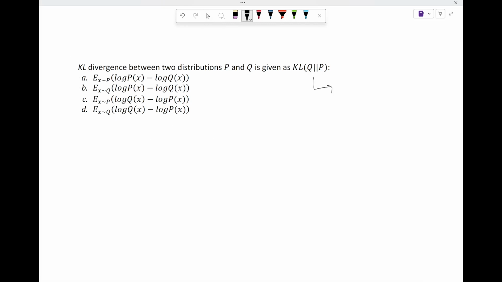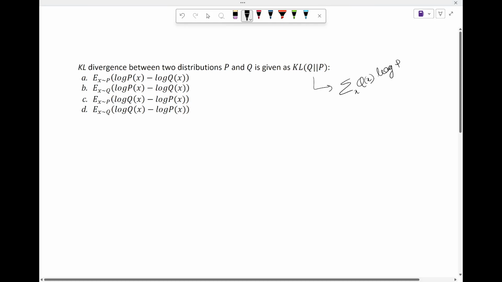KL(Q||P), we have seen it is summation over x of q(x) log q(x) by p(x).